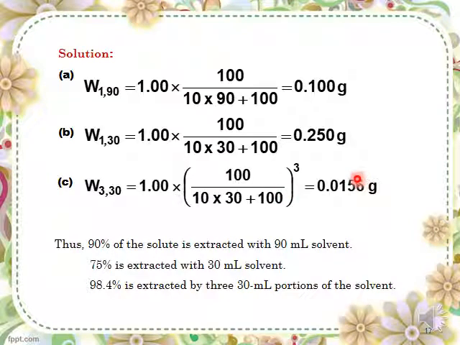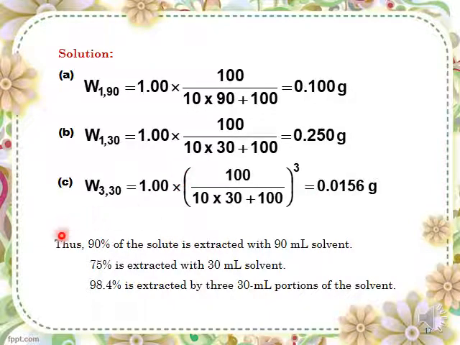So how to calculate the efficiency of extraction? We use the following formula: 1 minus the concentration remaining over the original concentration, times 100. Like I mentioned just now, the second formula can be used for both single and multiple extraction, so memorize that formula instead.